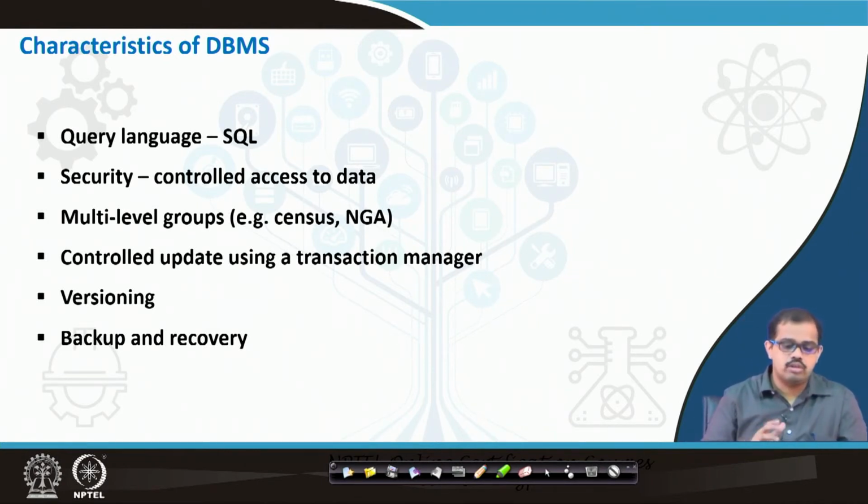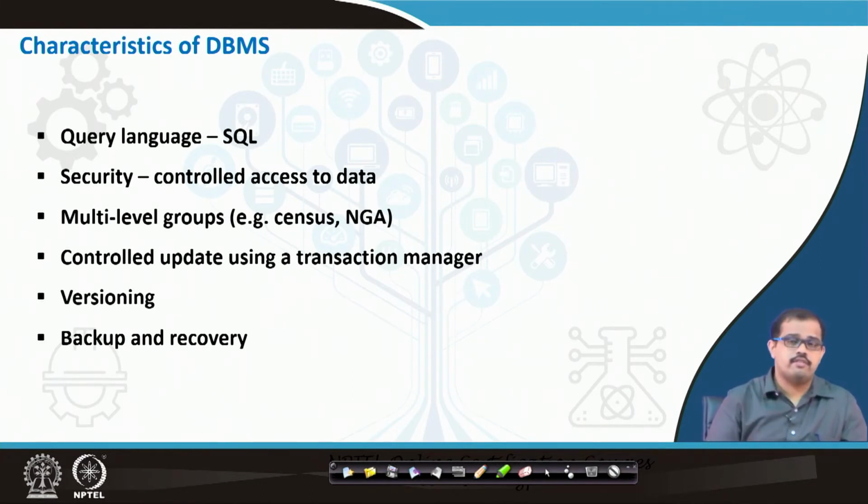Then you have controlled update using a transaction manager. Many times you may see that you have to visit a particular site or write to a particular person in order to have some restrictions removed for access to particular data. That is what is called controlled update using a transaction manager. Then you have versioning.